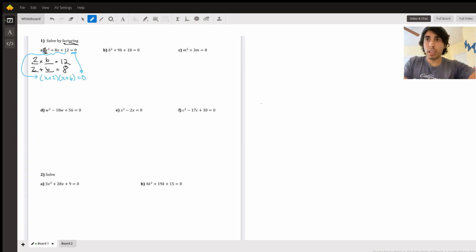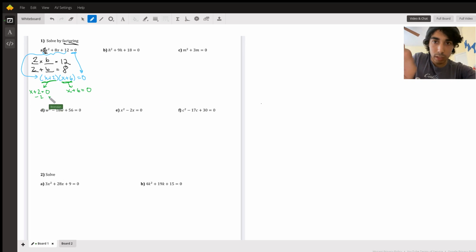If you've got two things that multiply together, right, this thing times this thing, and they equal 0, mathematically speaking, that means that we have two options. Either the first one equals 0 or the second one equals 0. All right, so we can split it into two separate equations because we have two possible solutions. Either the first one equals 0 or the second one equals 0.